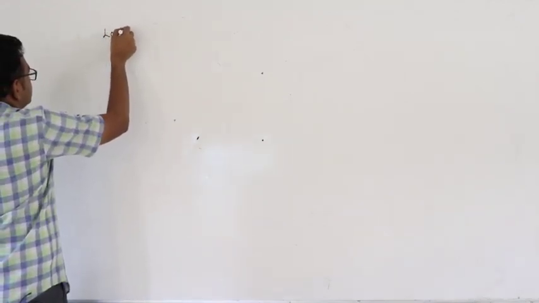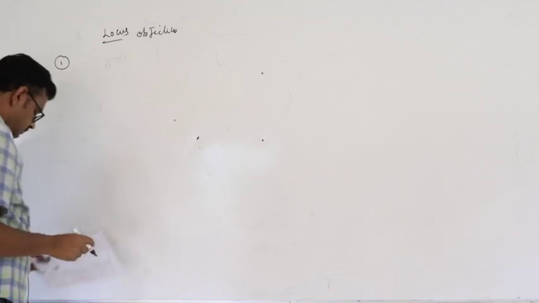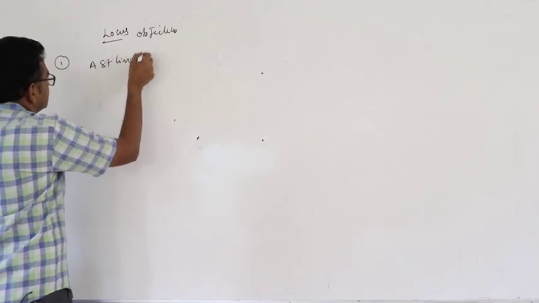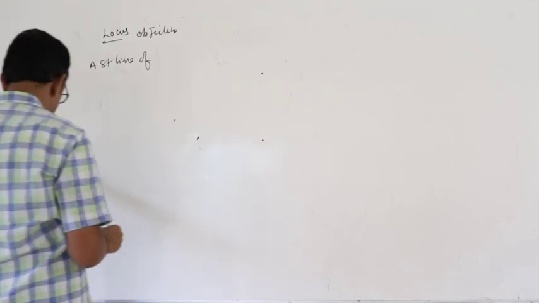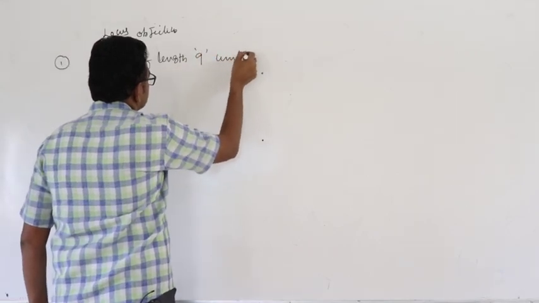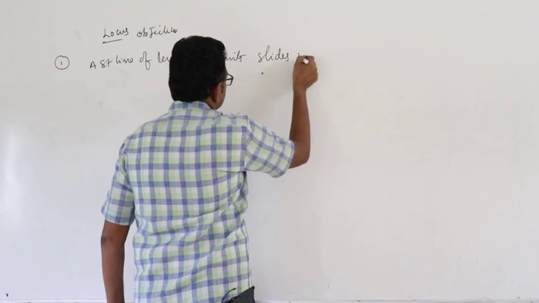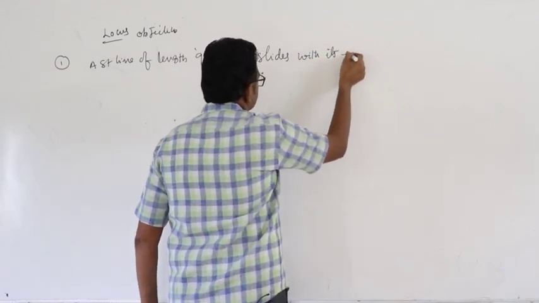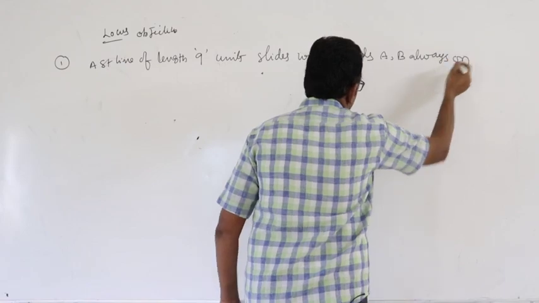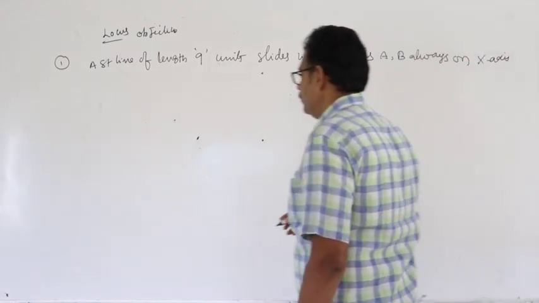So in locus sum problems, object 2: a straight line of length 9 units slides with its ends A and B always on x-axis and y-axis respectively.